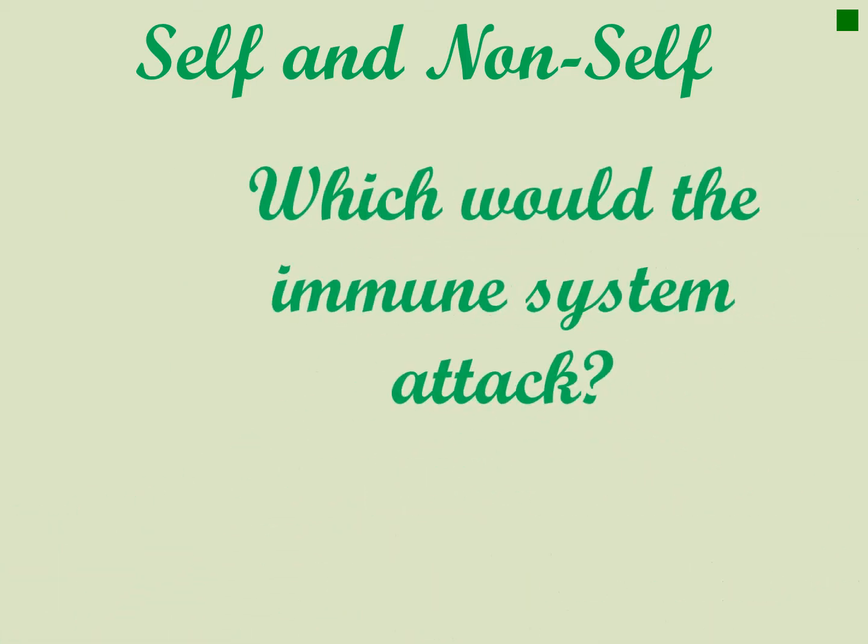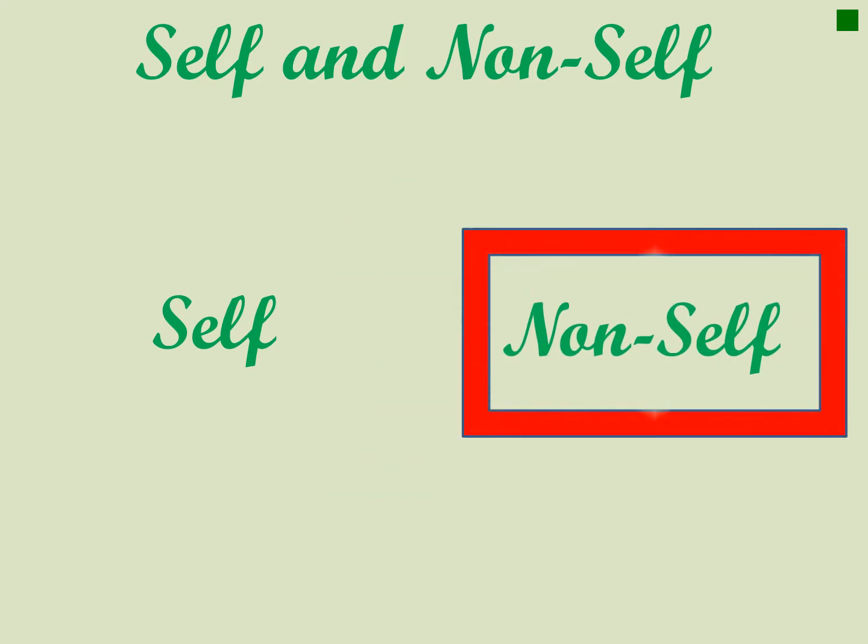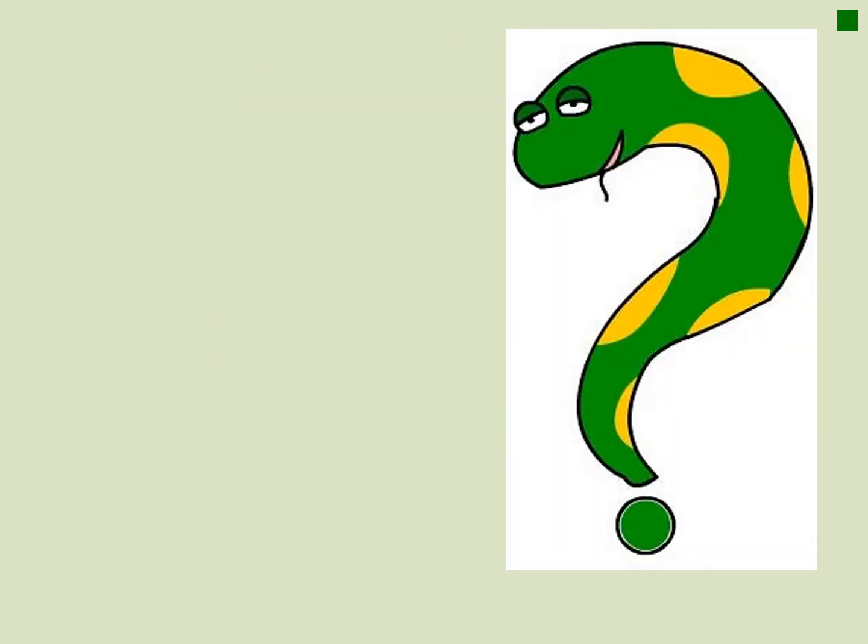So which would the immune system attack? Sure, the immune system won't attack your body cells. Sure, it will attack the non-self, which is classified as foreigners.